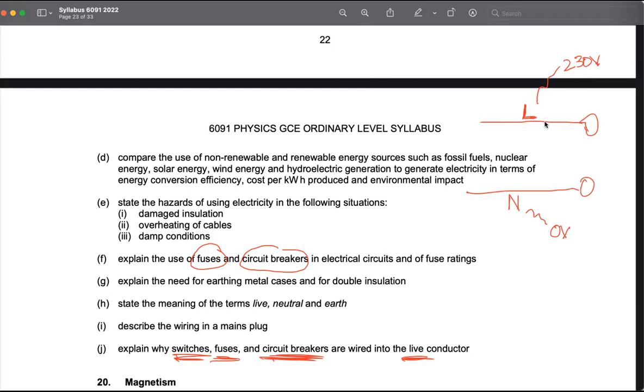However, because the live wire has a potential of 230 volt and you yourself have a potential of 0, there's a difference in potential, current will flow. You remember that? So therefore, don't go and touch the live wire with a bare hand. So all the safety appliances like switches, fuses, and circuit breakers are all connected at the live wire. Not at the neutral, but the live wire. Is that clear? Ken?